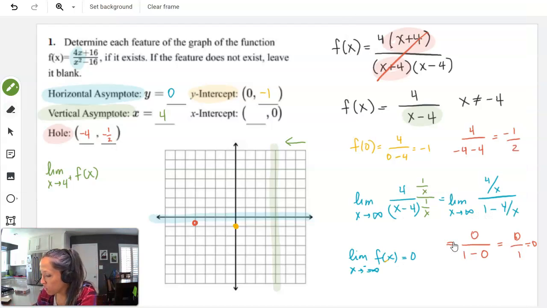So if I wasn't 100% sure about where this thing was going, I know it's going up this way. In fact, it's way steeper even than that, because we know we've got to approach that. So there is my first part of my graph.